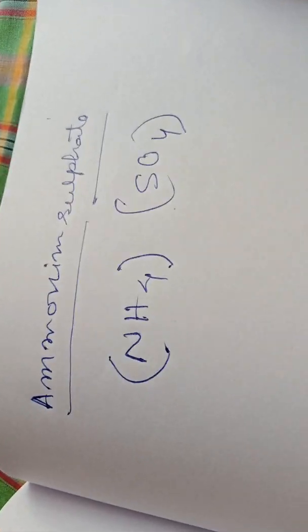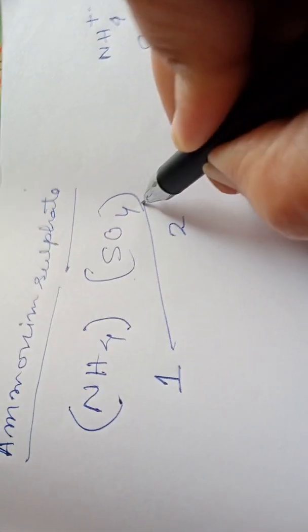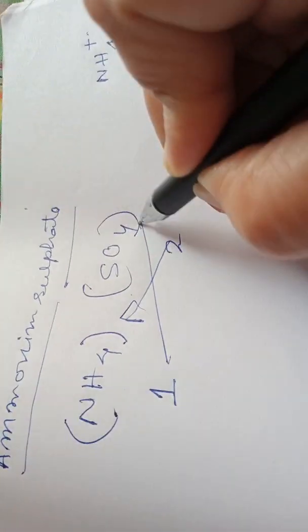Give a bracket. So what is the valency of ammonium? All of you know in the radical table, NH4 plus, that means its valency is plus 1. So magnitude of this charge will be the valency. Then sulfate radical SO4 minus 2 charge, so valency will be 2. So write down like this and then you cross over it.